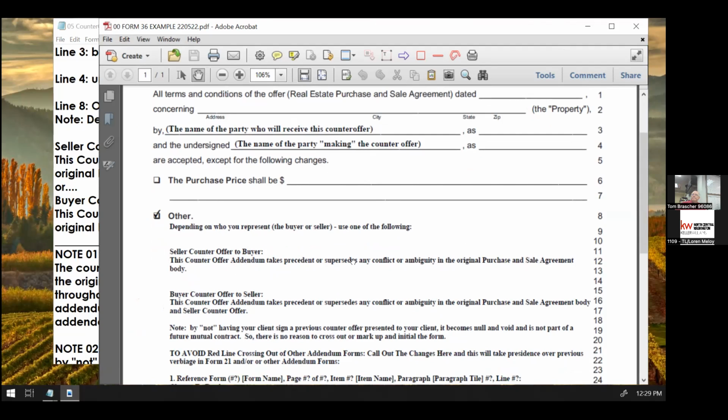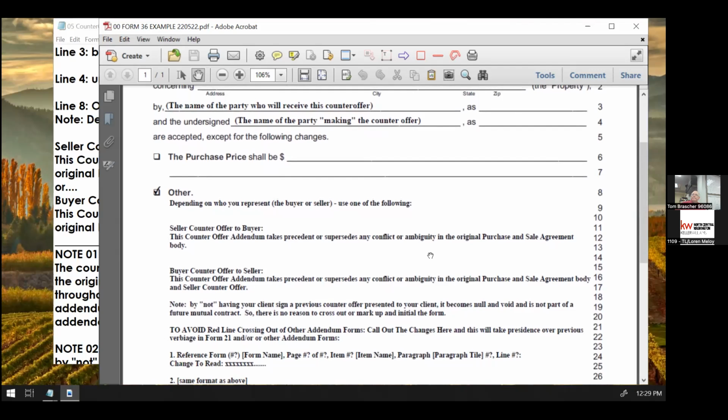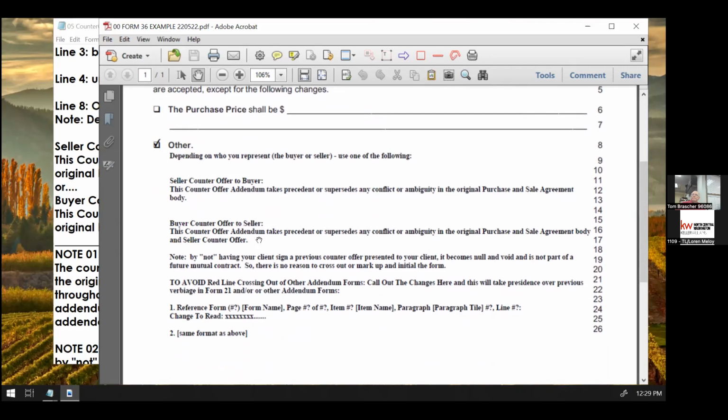Now, if the buyers, which is not uncommon, want to counter back, theirs says exactly the same thing, any conflict or ambiguity in the original purchase and sale agreement and seller counter offer. So those are the differences. This was written up by Russ's attorney, Brett Sullivan, and this is what he wants on every form.